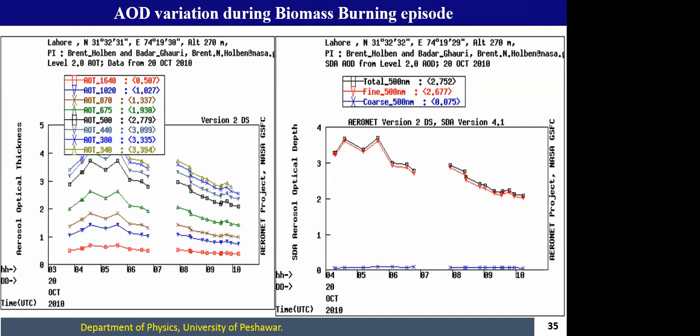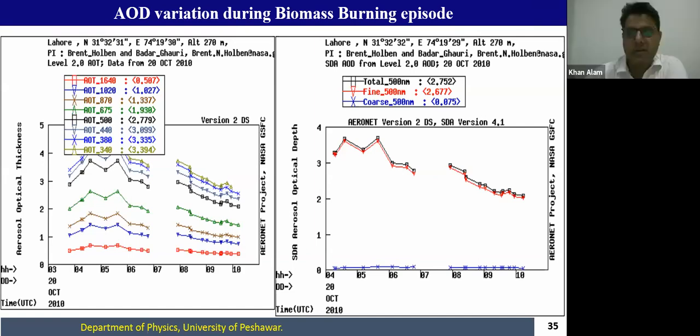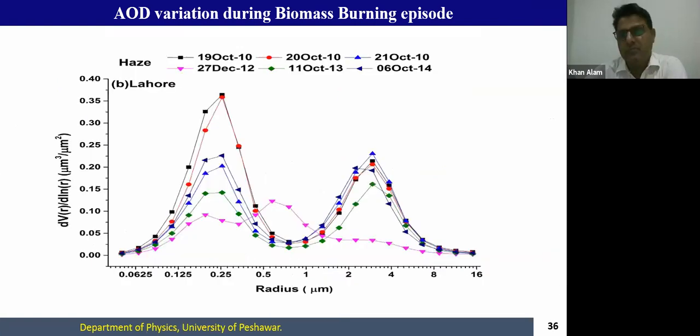So this optical depth also provides an indication of fine and coarse particles. During these hazy, smoky days, we also see that the volume concentration of fine particles is higher than the coarse particles. This reflects that the fine particle concentration during the smoke event is dominant over other particles like mineral dust, resuspended dust or other coarse particles.